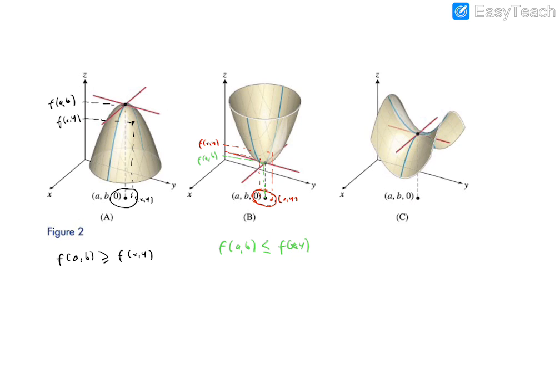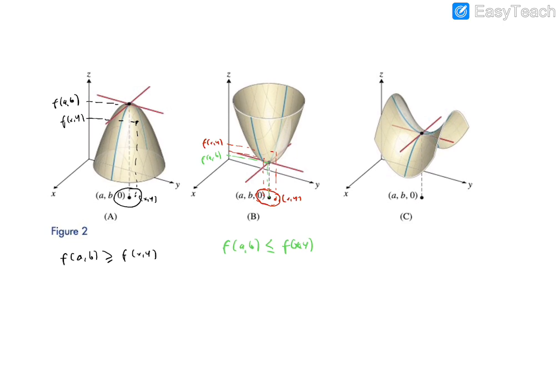And here let's look at figure C. Along this line, we have this graph, so we have a local maximum. But along this other line, we have this curve, so this is a local minimum.